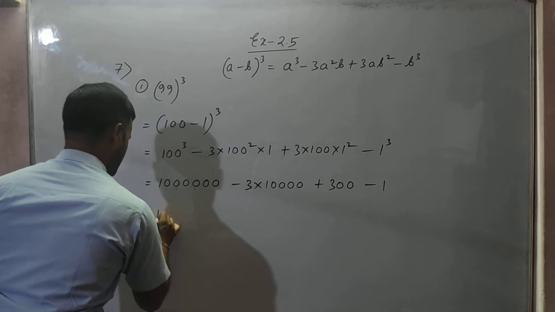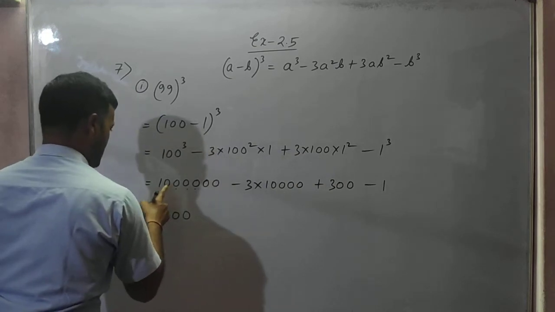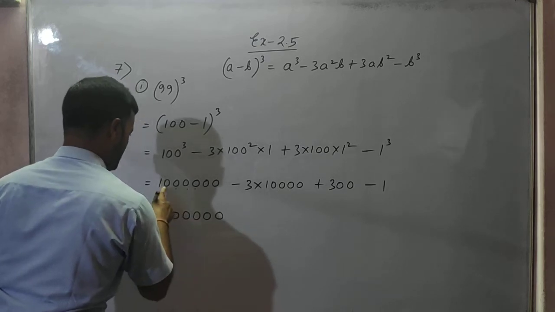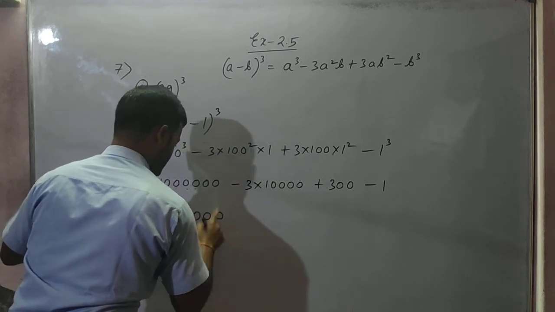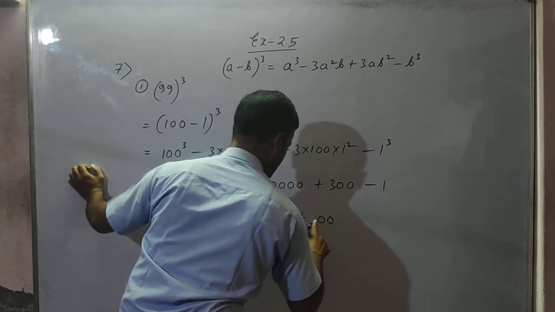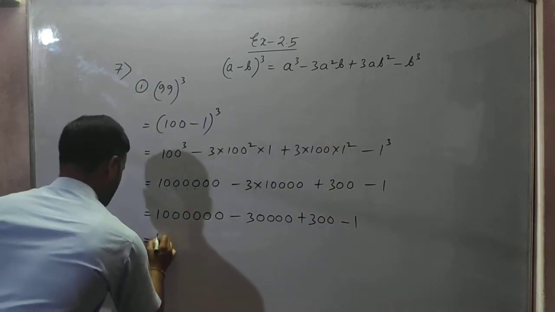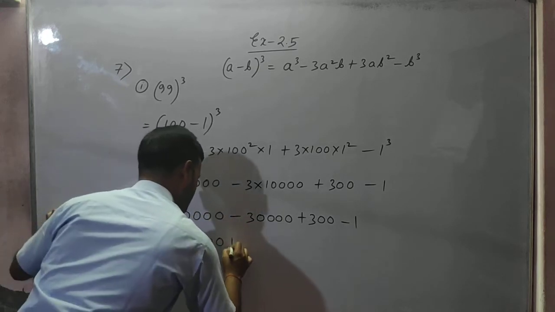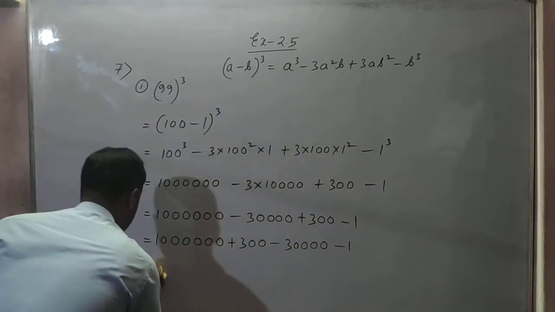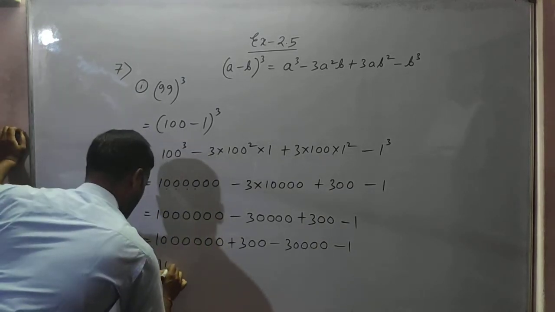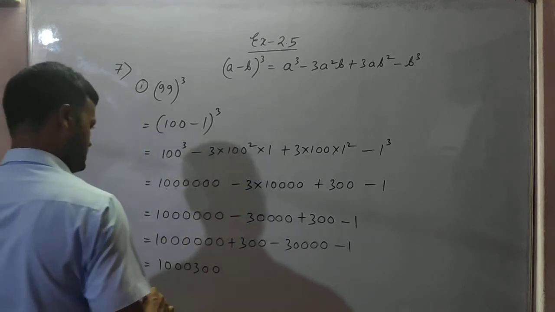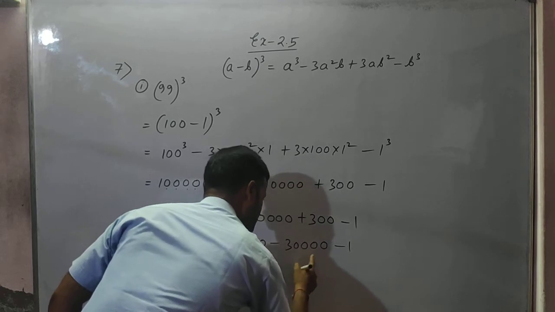So this will be 1,000,000 minus 30,000 plus 300 minus 1.